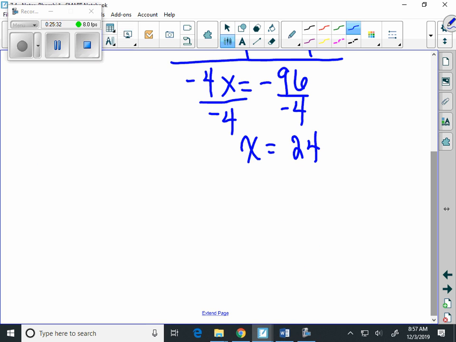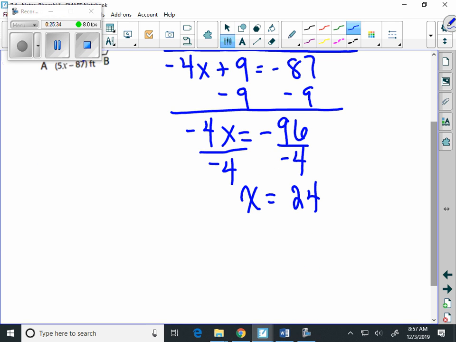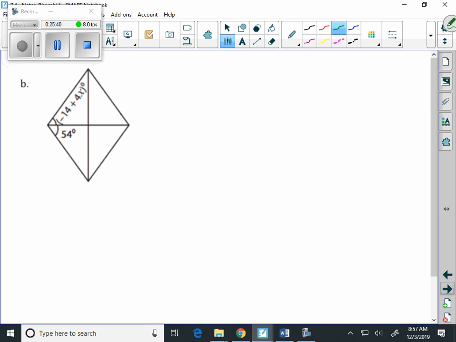Find the value of x. And lastly, again, still working with a rhombus. This one's a little bit hard to see. But we've got negative 14 plus 4x. And we've got the 54. And we've got diagonals bisecting each other.